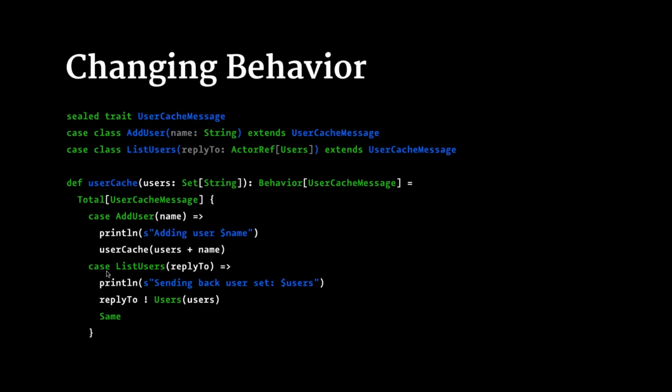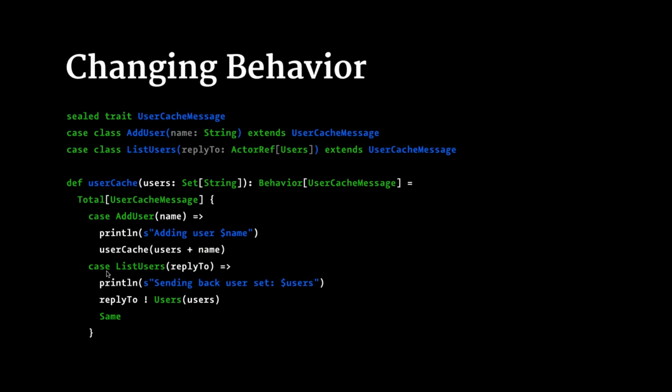Okay, so what does that look like? For that, we'll look at one more example where we're modeling a very simple user cache, an actor that keeps a set of all the users that are logged into the system. And each user is just a string, the user.